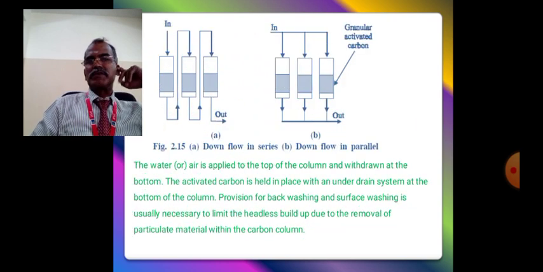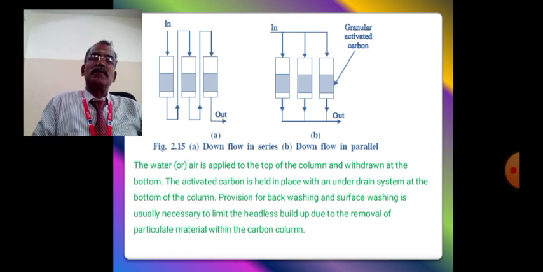In diagram A, the downflow method, the carbon contactors are arranged in series. The water passes through the first column, second column, and third column, arranged continuously, one after another.